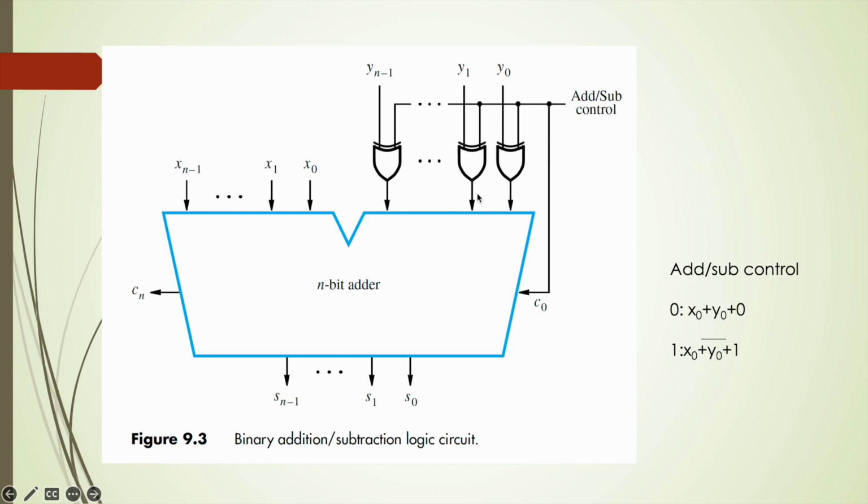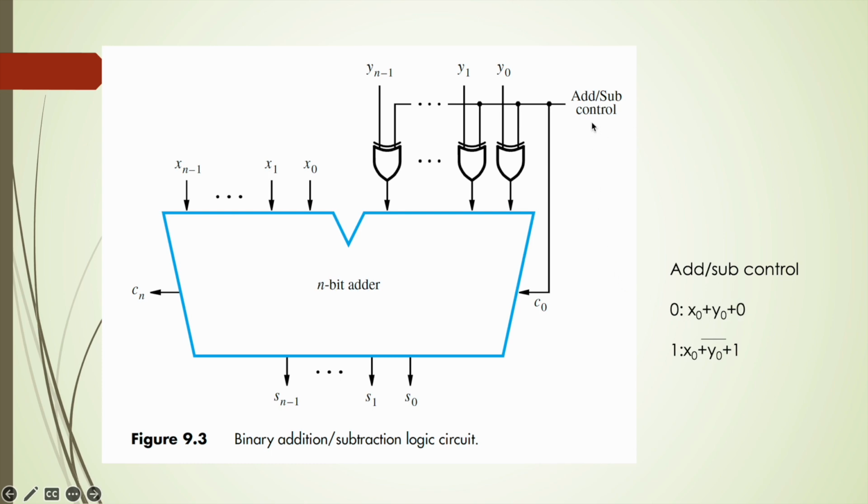If this has to perform addition, the add/subtract control strobe has to be given 0. When this is 0, it will add x0 and y0 plus carry 0, so it is performing addition.